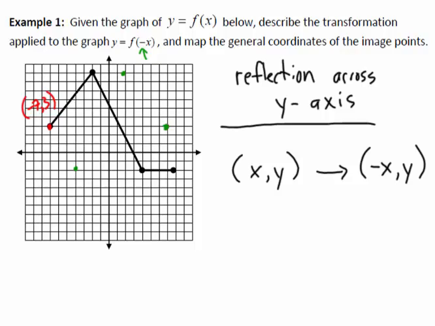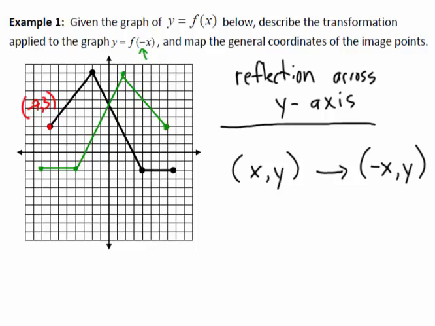It's originally at 8, -2, so we'll be at -8, 2. And there are the points that have been mapped out. They've been reflected, which means now we can just connect the dots, connect our points together with a nice smooth straight line, and there is our reflected function, a reflection across the y-axis.